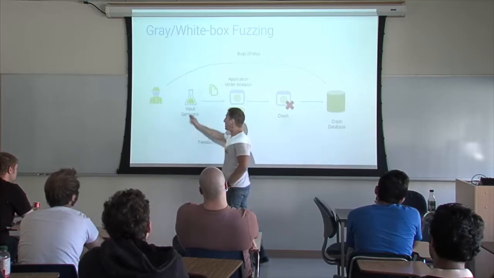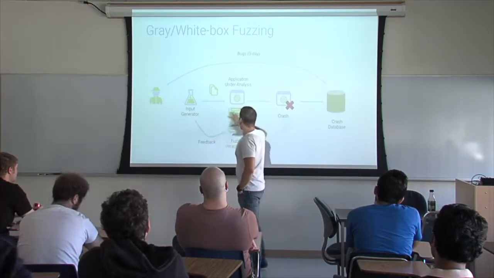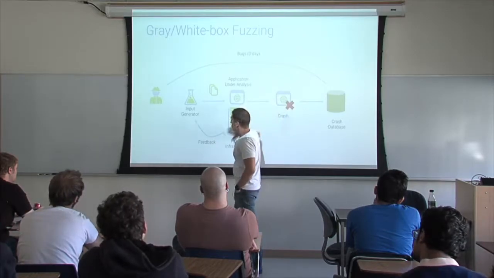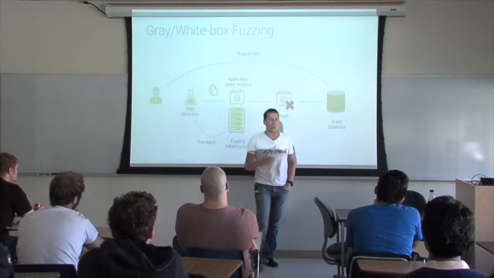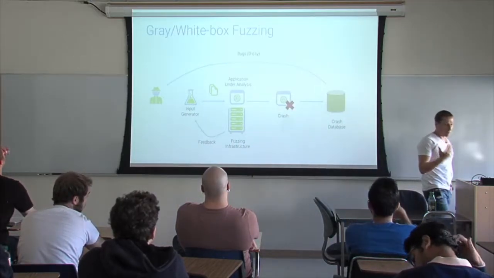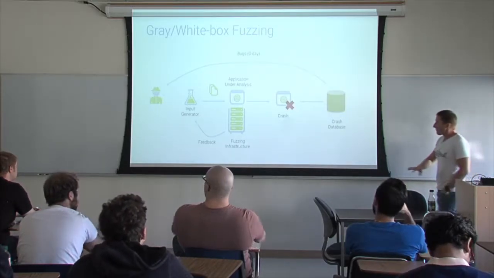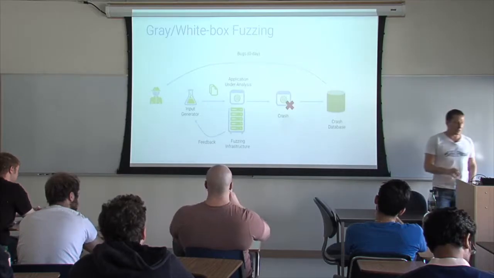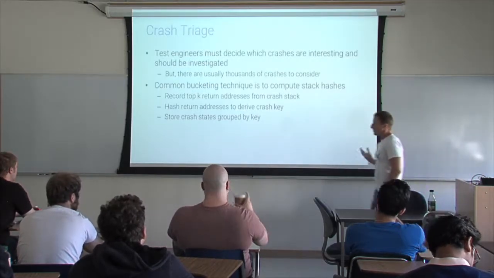Here there is this feedback loop where the input is given to the program. But in addition to a crash versus no crash, you get some feedback back, which actually drives your input selection or generation. Another problem is the crash database and how you actually triage the different crashes.